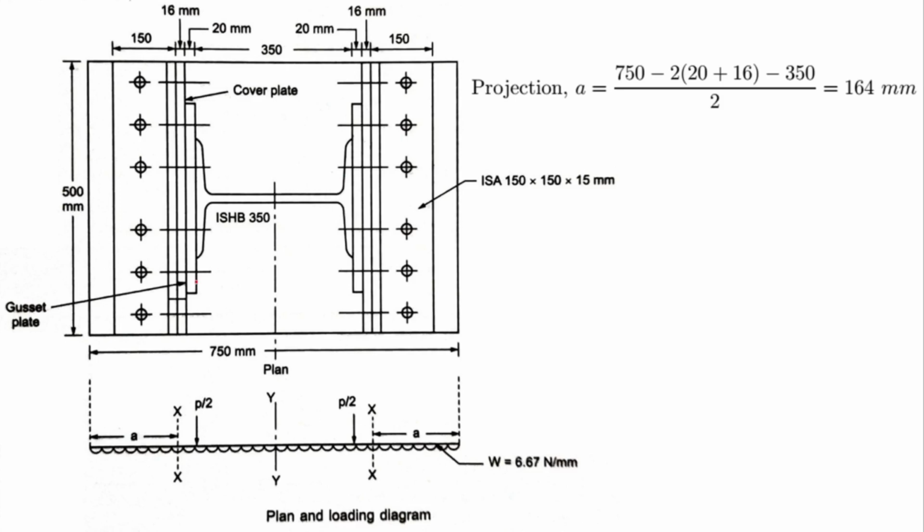If you see the figure, the total depth of the I section is 350. Then on both sides of the I section there is a 20 mm plate.